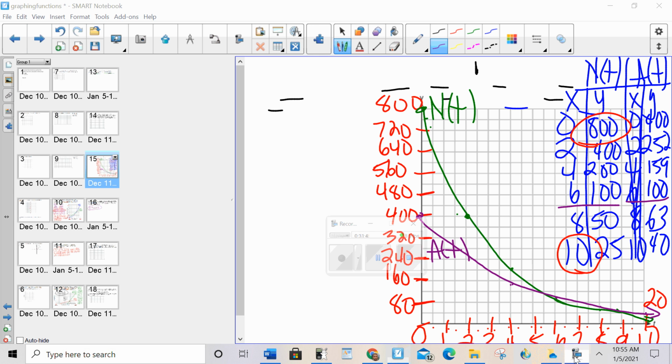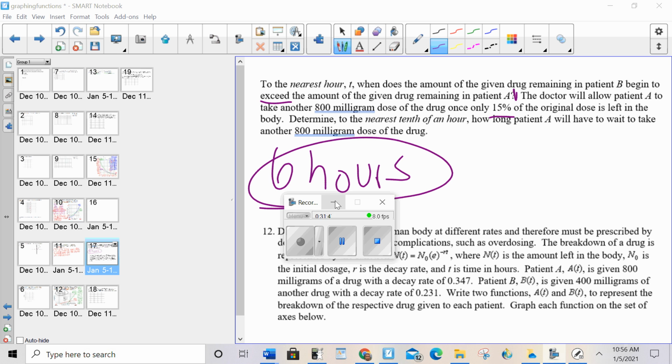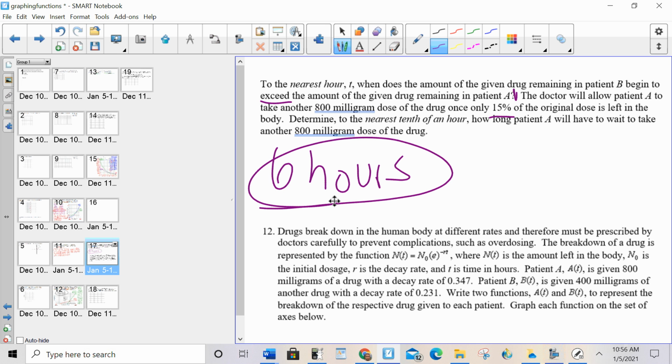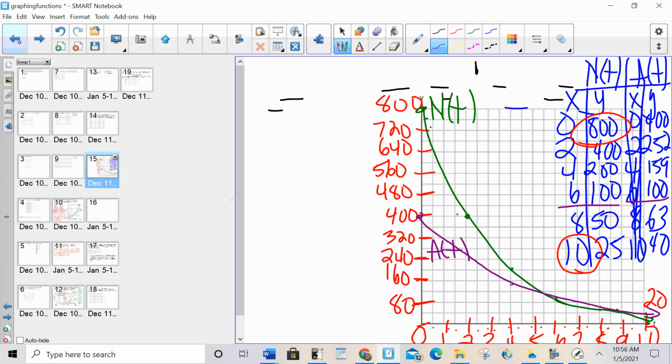Let me just pause it for a moment. And magically it's here. So patient A, oh yeah, I did mess up on the graph. I'm sorry, it was A of t and B of t. I messed up the labeling, that's my mistake.